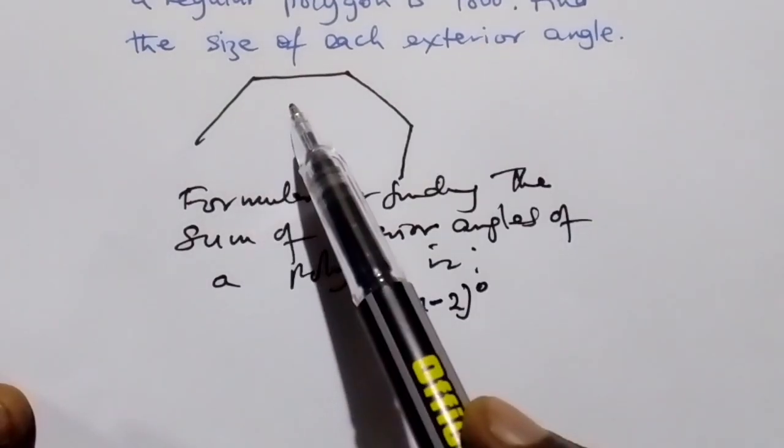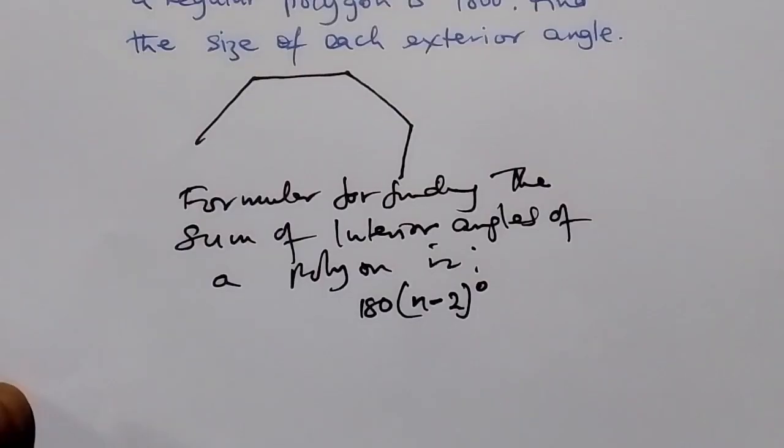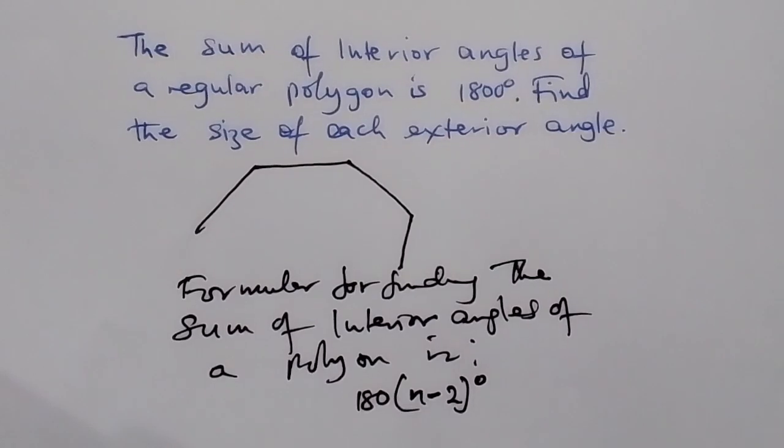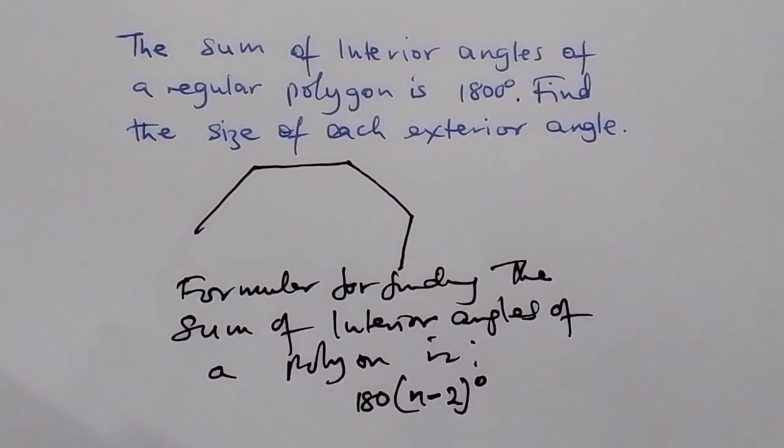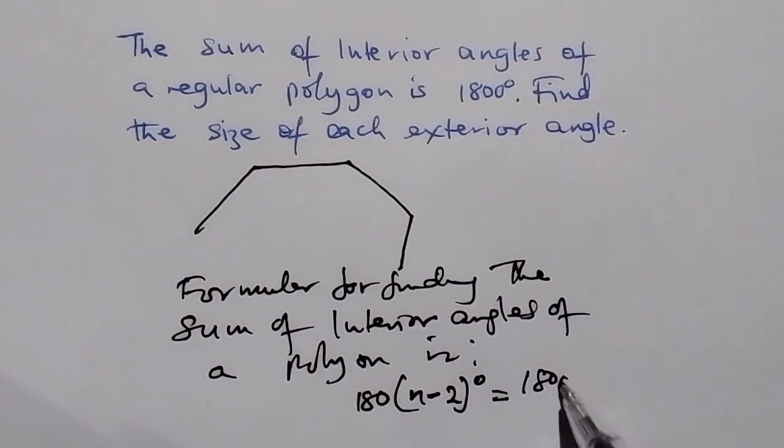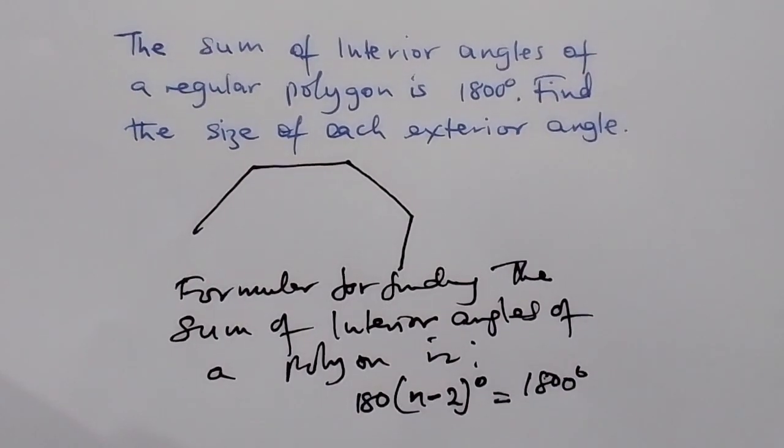Find the size of each exterior angle. So now we can say that 180 into bracket n minus 2 degrees is equal to 1800 degrees.